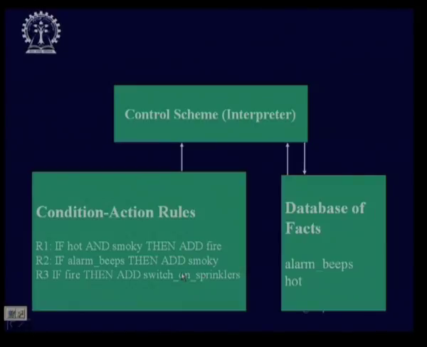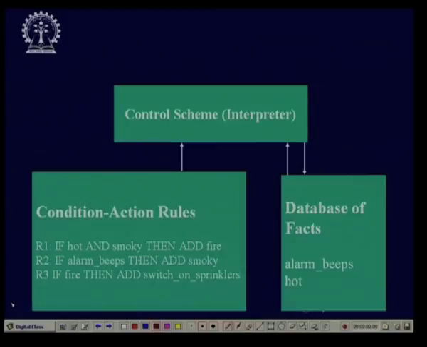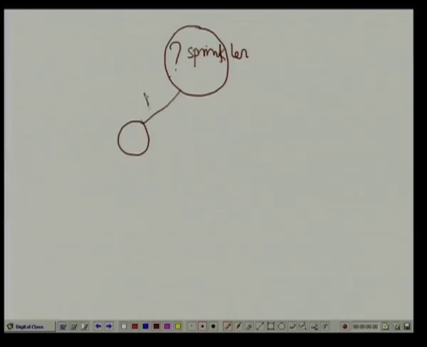So, once again, quickly let me work it out in the way of a search graph. Here my query is whether the sprinkler should be put on. Now, my rule R3 told me that if there is fire, the sprinkler should be put on. Is fire true?